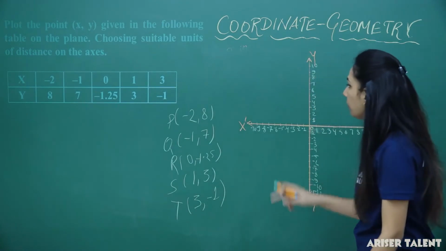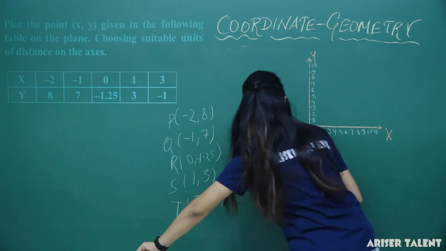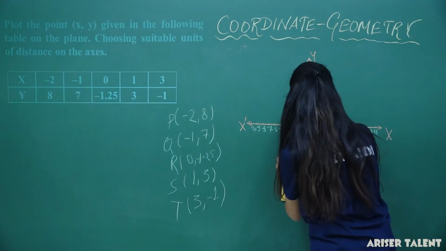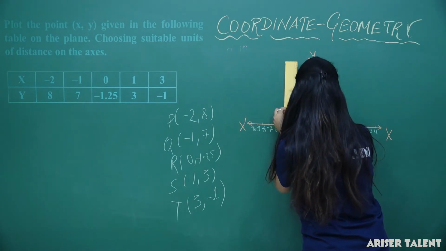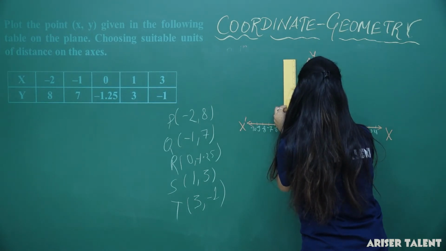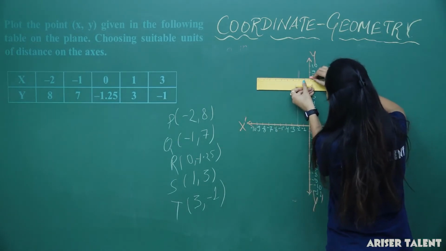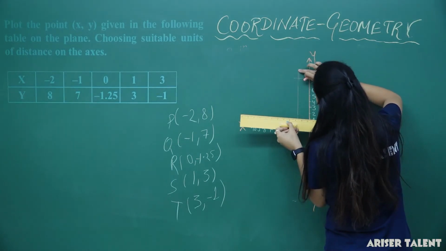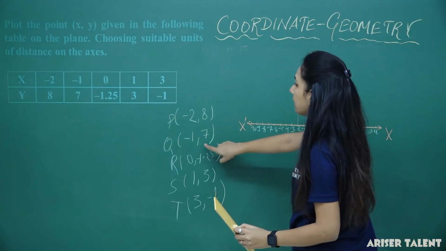Now if I am plotting the point P, that is -2 and 8. So -2 is here and positive 8, right? So that will be this point. Okay, right. The second point is -1 and 7.